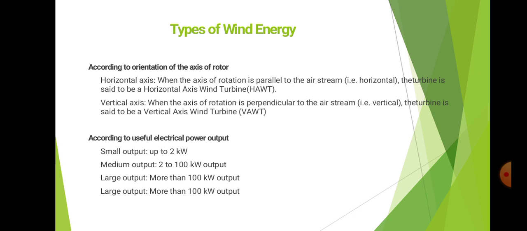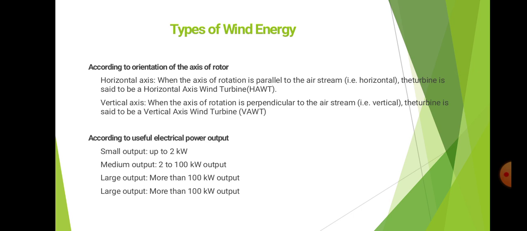When the axis of rotation is parallel to the airstream, the turbine is said to be a horizontal axis wind turbine, simply called HAWT. Then the second one, vertical axis. When the axis of rotation is perpendicular to the airstream, the turbine is said to be a vertical axis turbine.